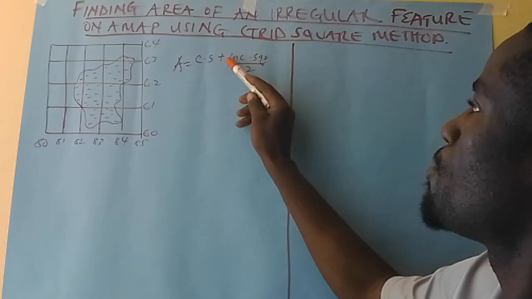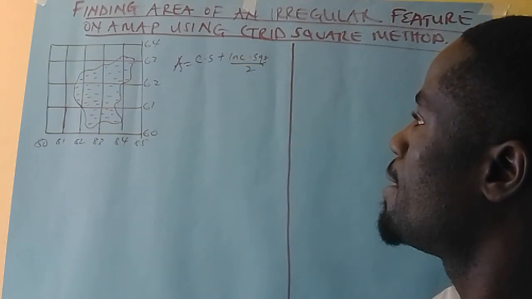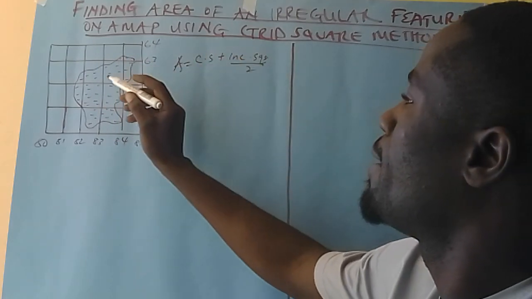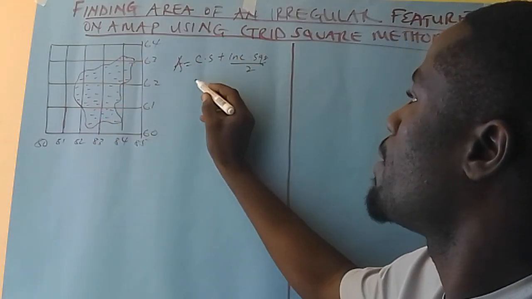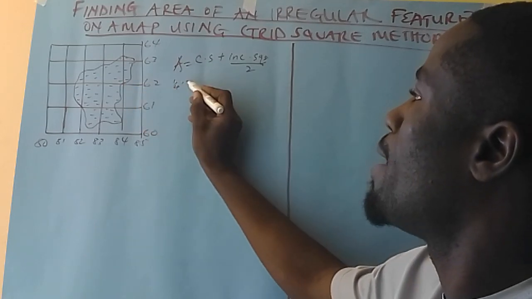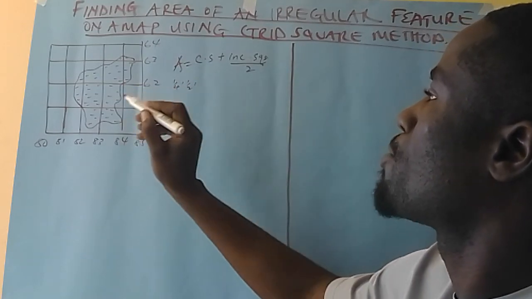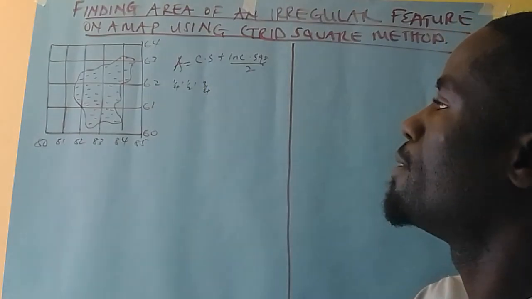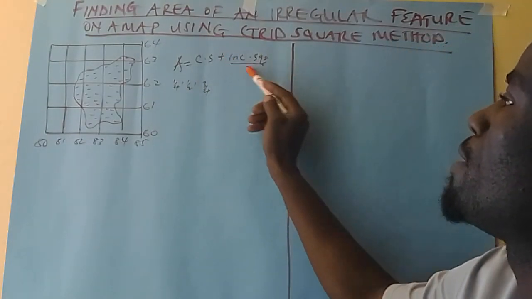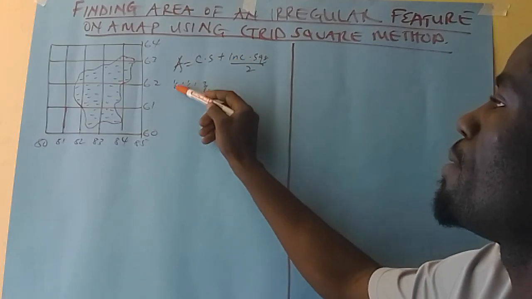Here we divide by 2 because you may find that one grid square is covered by a quarter, another grid square is covered by a half, another grid square is covered by three quarters.